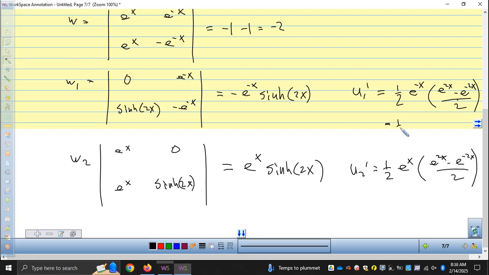So this comes out to be 1/4 e to the x, did them in the wrong order. E to the minus x times e to the 2x is e to the x, minus e to the minus 3x. And this one comes out to be 1/4 e to the 3x minus e to the minus x.